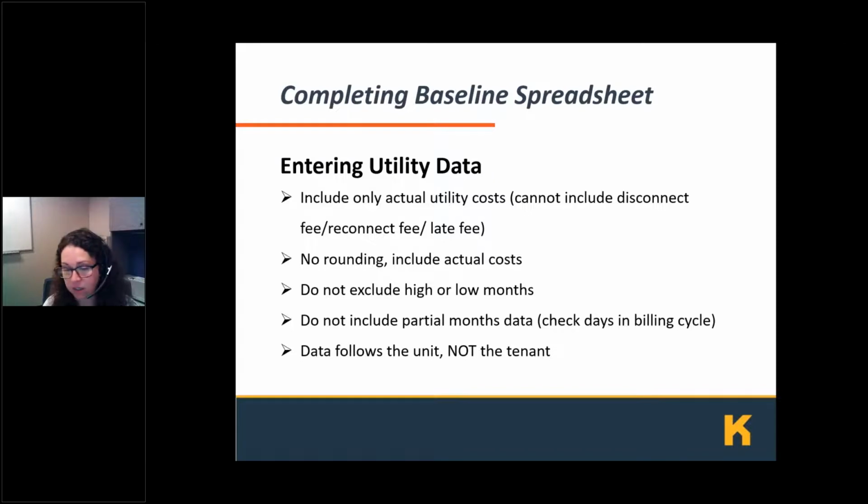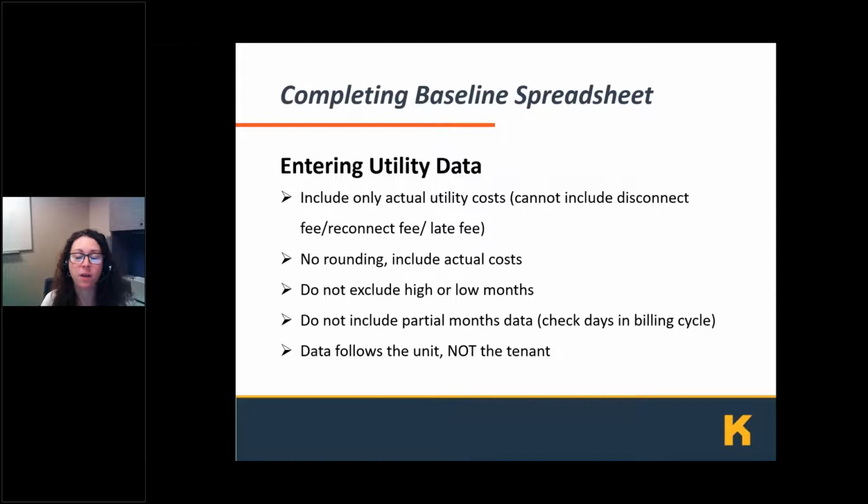We've seen some companies have maybe 25 days in their billing cycle, some have 30. So if you're looking through a statement and you see a month on there that maybe has 10 usage days on it, you're going to toss that. We can't use it. It's not a full month. It's not going to give us an accurate picture, maybe that's when your tenant moved out mid-month. So make sure you're including full months of data.